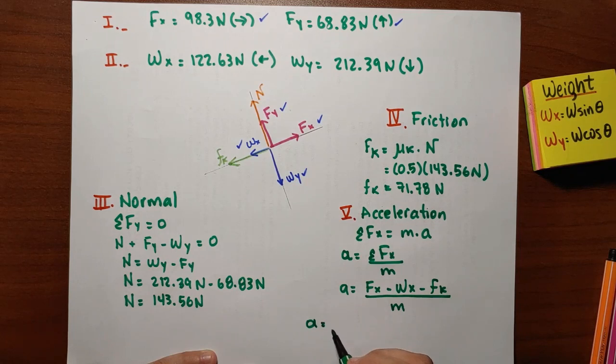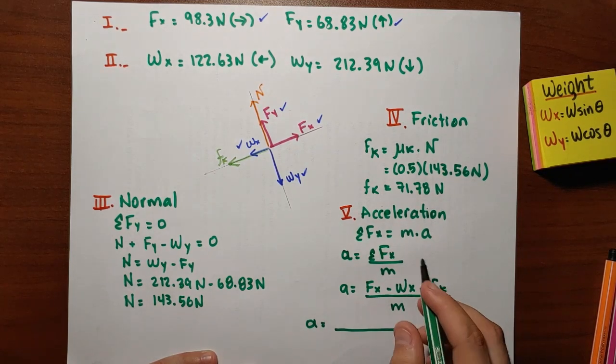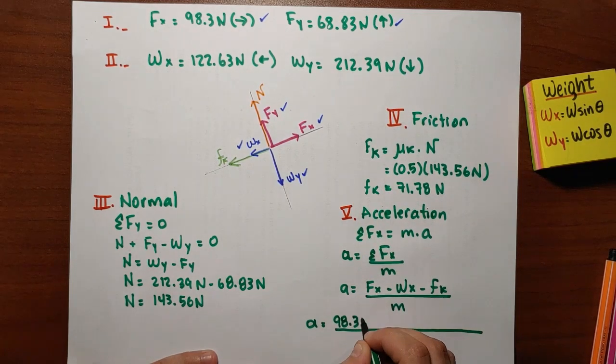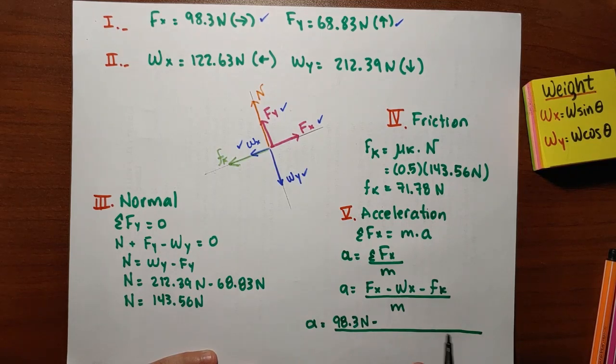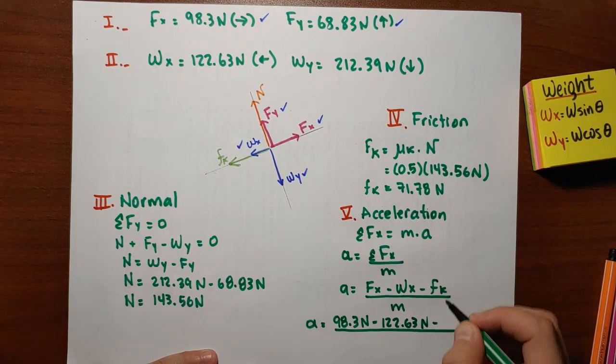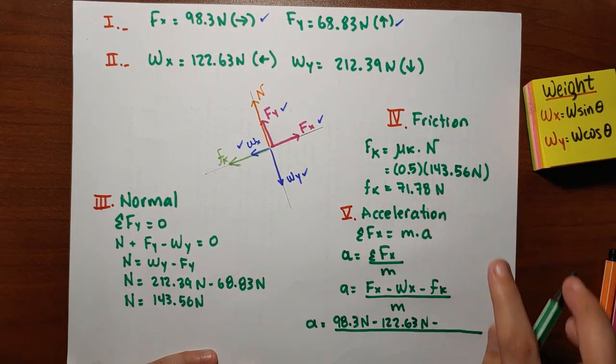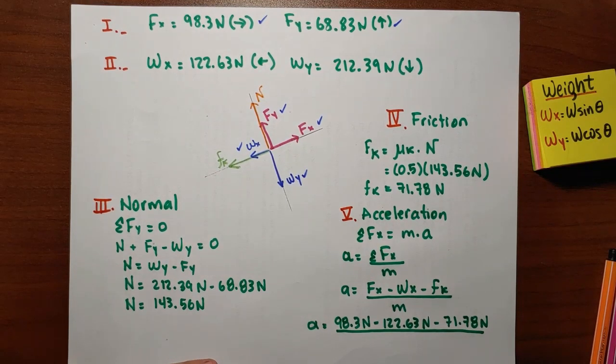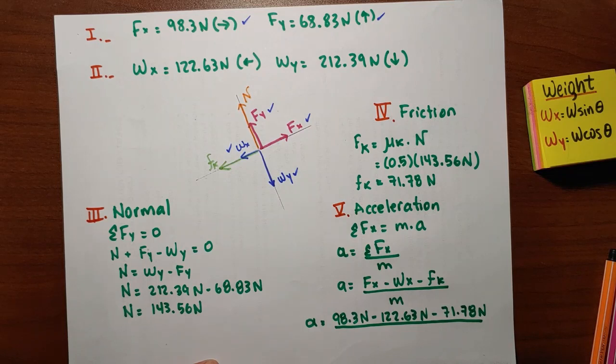So my acceleration will be Fx, that is 98.3 Newton, minus Wx, that is 122.63 Newton, minus Fk, that is 71.78 Newton, divided by the mass. The mass is 25 kilograms.